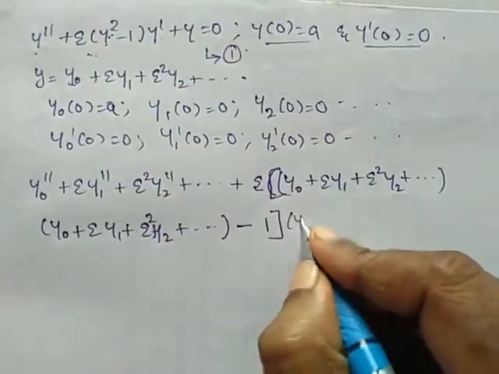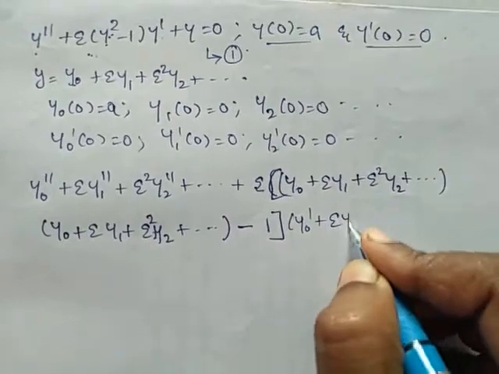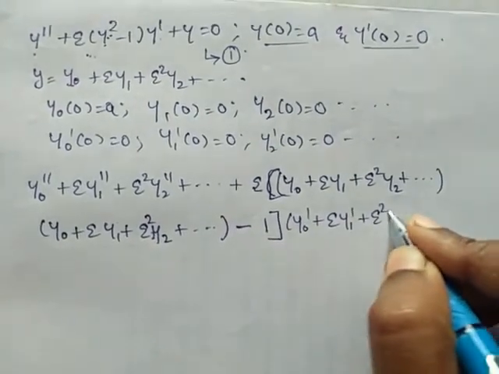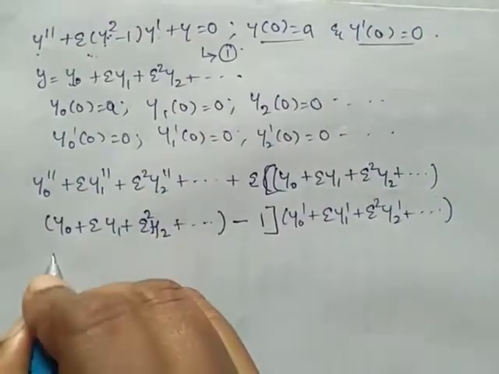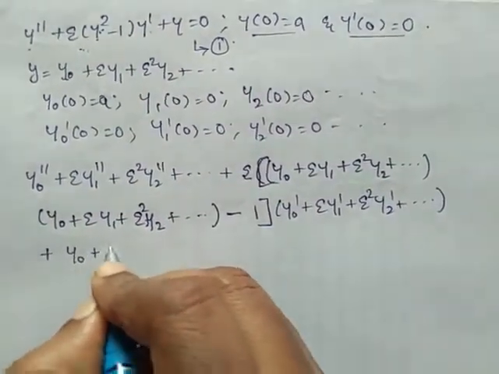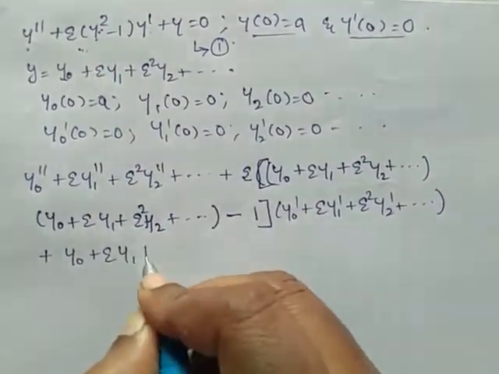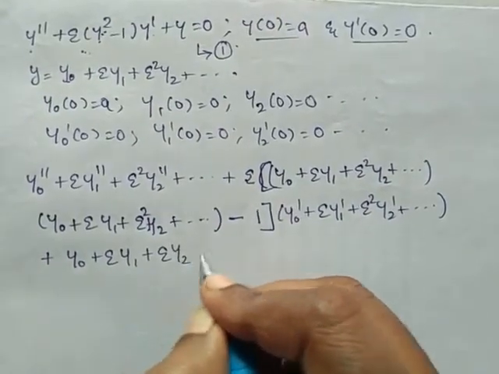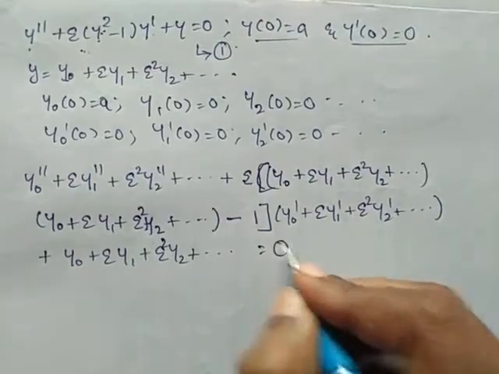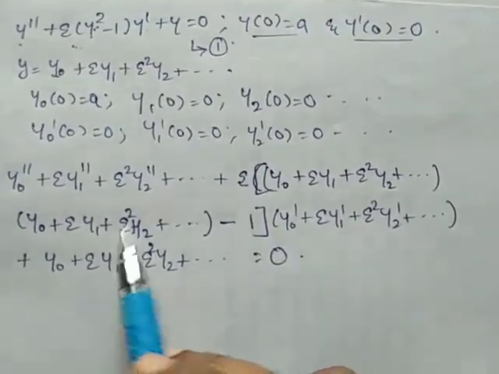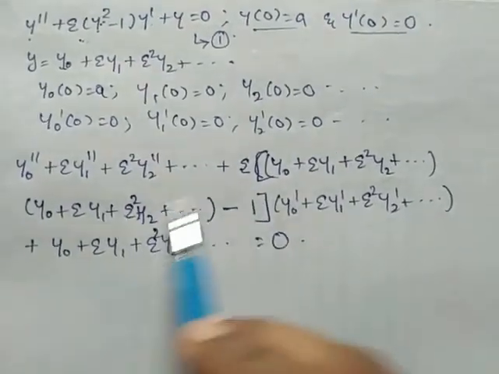Y dash is y naught dash plus epsilon y1 dash plus epsilon square y2 dash etc. And the last term is y naught plus epsilon y1 plus epsilon square y2 etc. equal to 0.